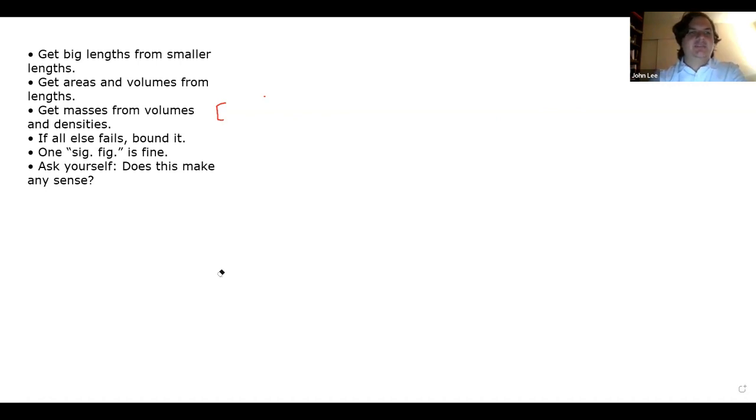You get masses from volumes and densities. So you're trying to find the mass of the oceans. You know that mass is equal to density times the volume.